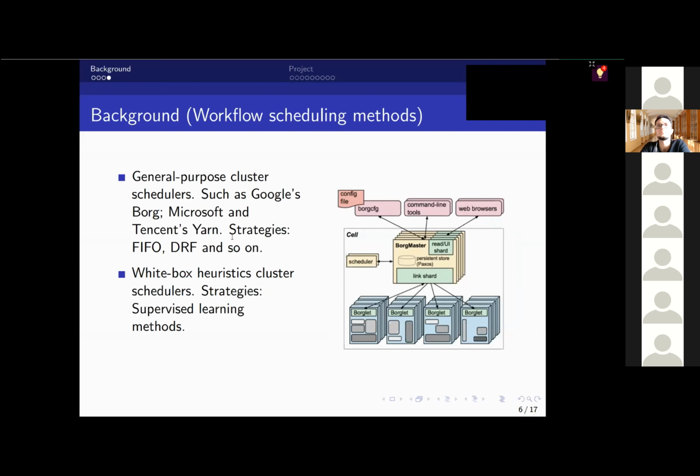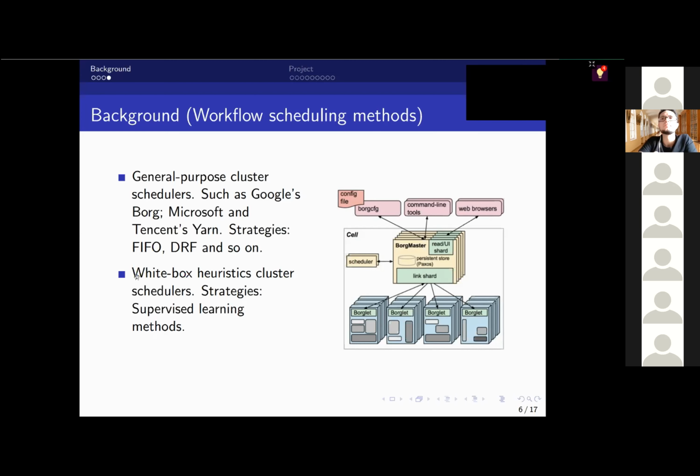They use strategies such as first in first out, dominant resource fairness, and so on. The structure of Google's Borg is like this picture, and these schedulers allocate resources according to specific rules and do not adjust resource allocation during training.